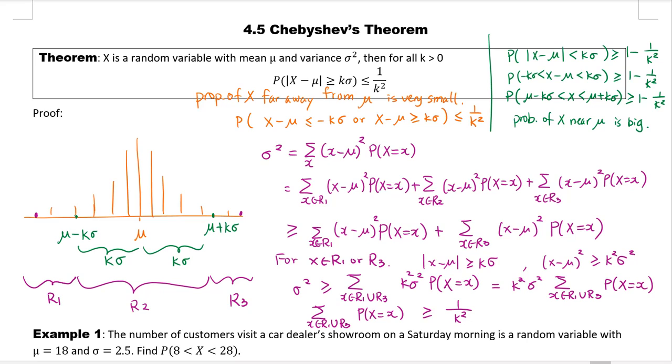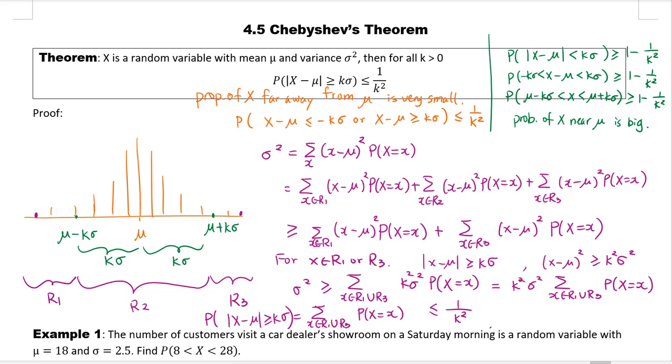Oh, less than or equal, because this is on the right hand side. It's less than or equal to the left hand side. Okay, so we get less than or equal. And on the left, that is exactly the probability of |x minus mu| greater or equal to k sigma. Okay, now we have shown the theorem.